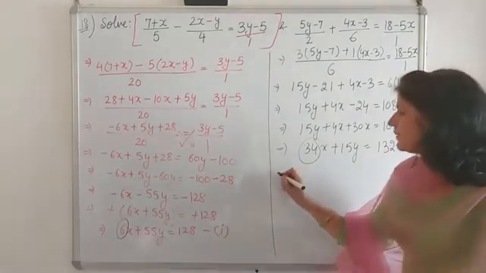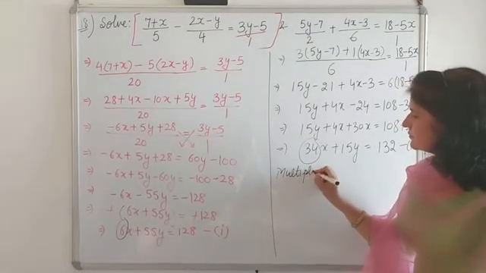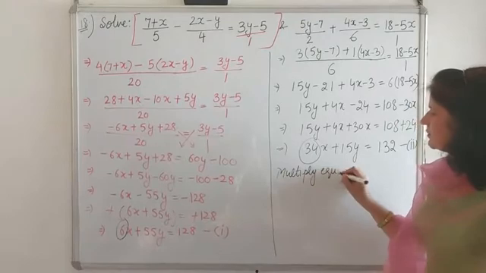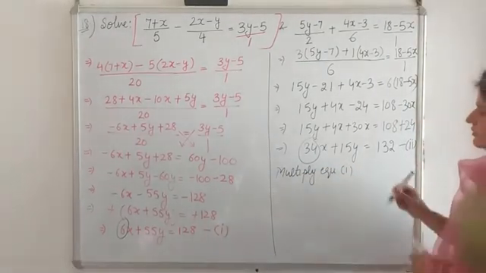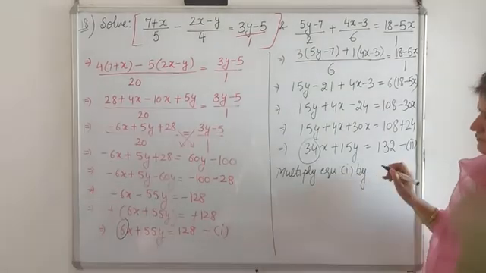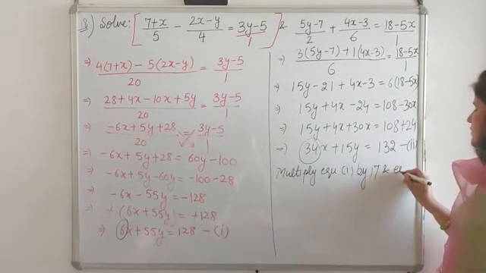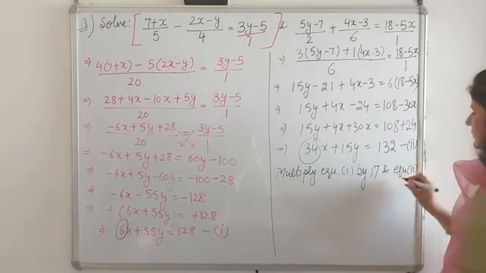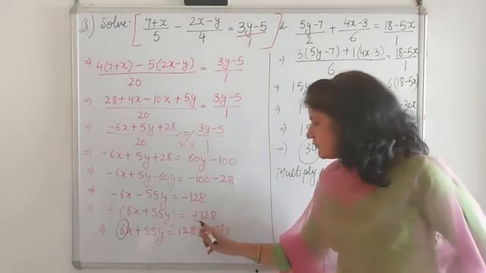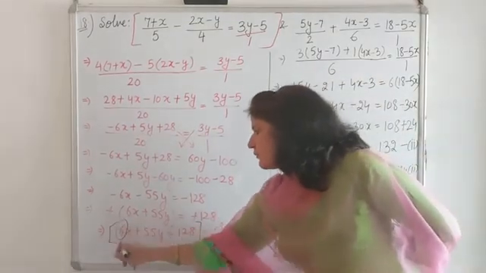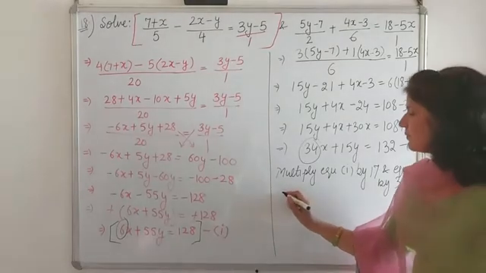So multiply equation first with 17 and equation second by 3.